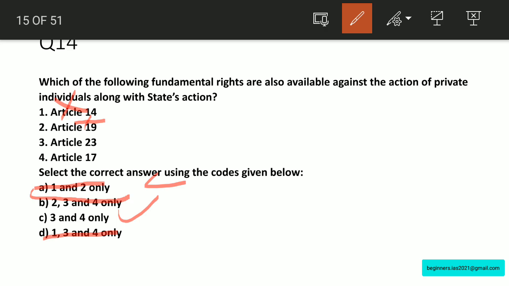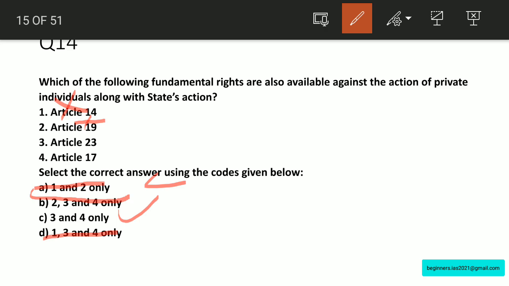Let us see how. Article 23 prohibits traffic in human beings, begar, that is forced labor, and other similar forms of forced labor. And also one has to know that it protects the individual not only against the state but also against private persons. What about Article 17?